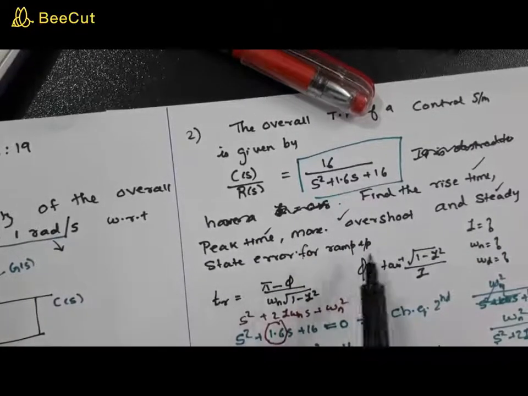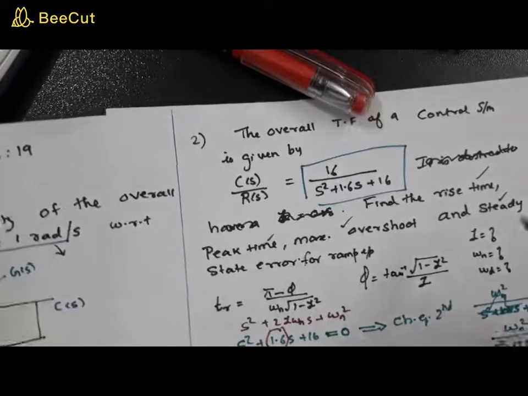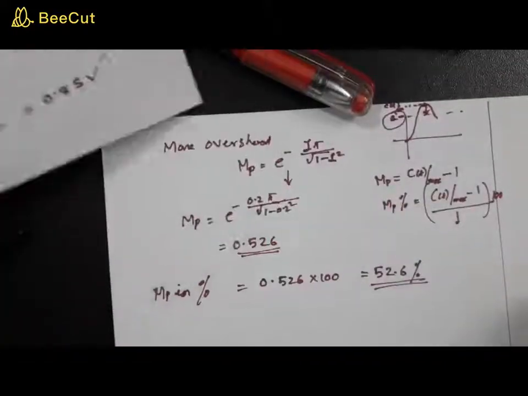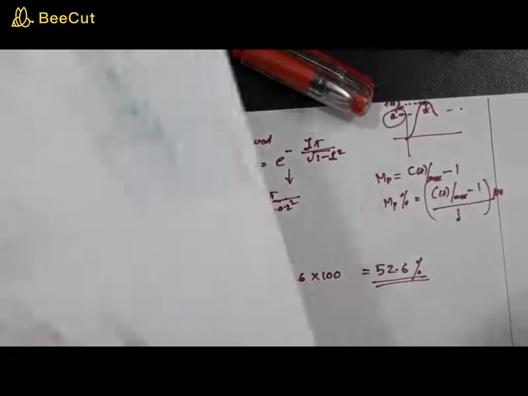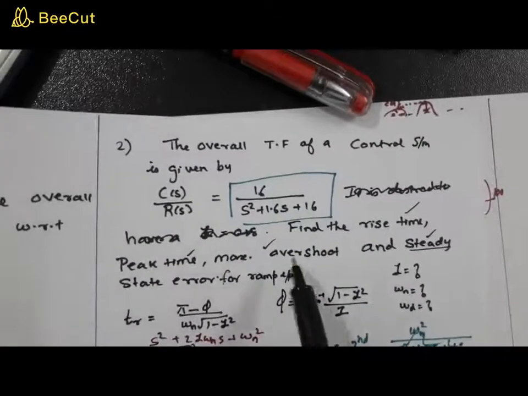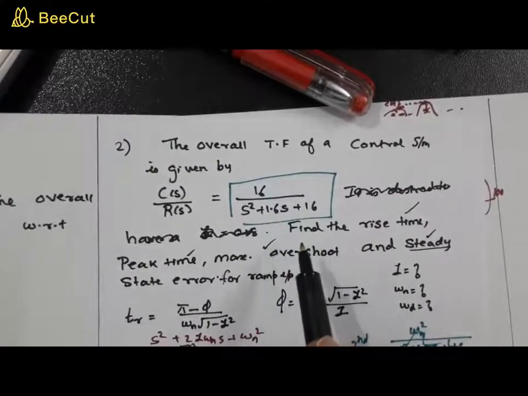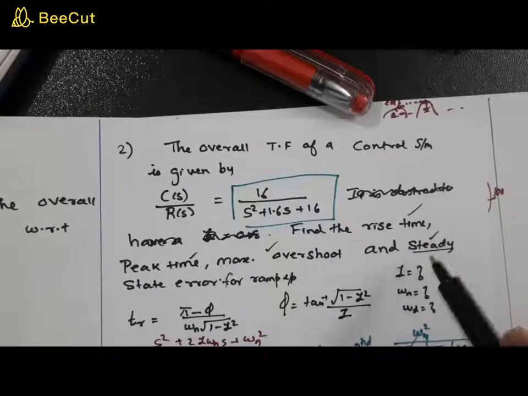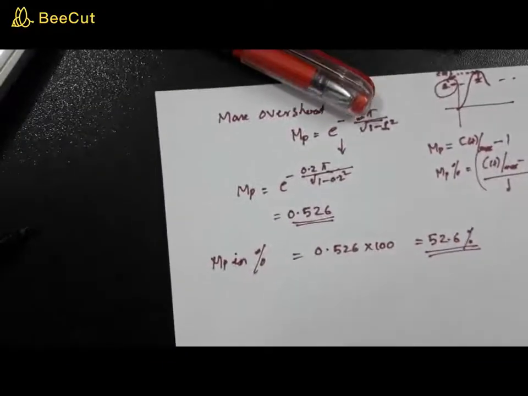Now for the ramp input, what is the steady state error? That is a different question from this. We have evaluated the rise time, peak time, and maximum overshoot with respect to unit step. Now they have asked a question called the steady state error for the ramp input. So what will be the steady state error?